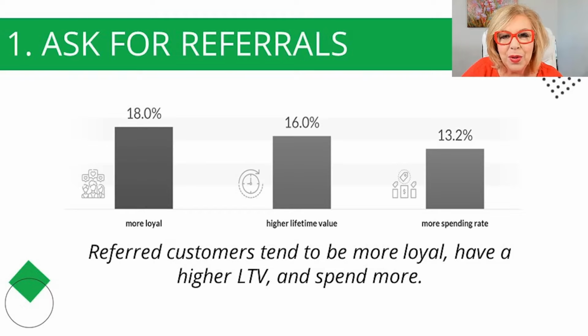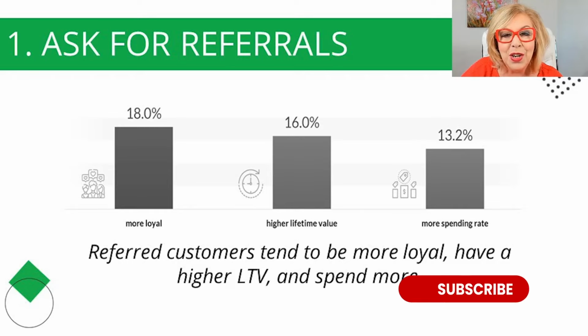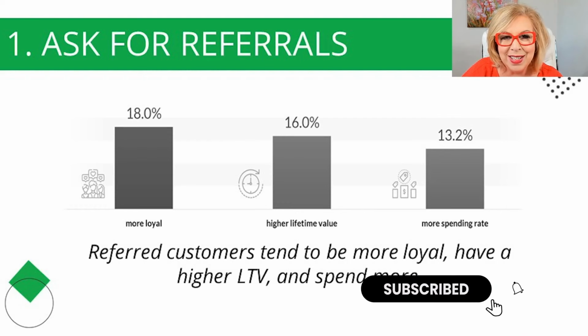Because of all your hard work in stage 1, you can tell friends and colleagues exactly who your target customer is. So reach out and let people know who you're looking for and exactly how you can help them. Referred customers are 18% more loyal, have a 16% higher lifetime value, and exhibit 13.2% higher spending than other customers. So you definitely don't want to skip this strategy.